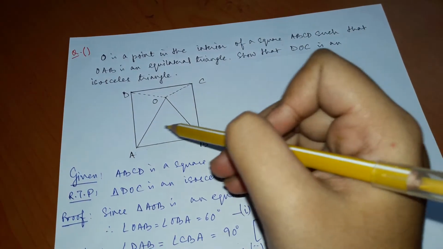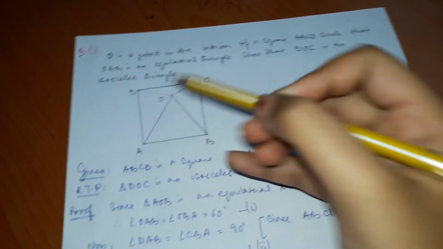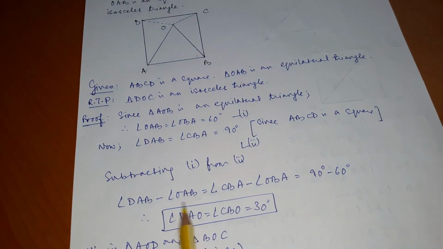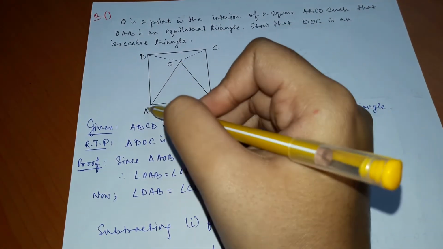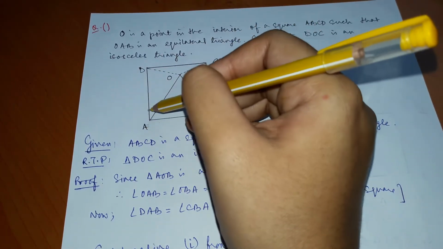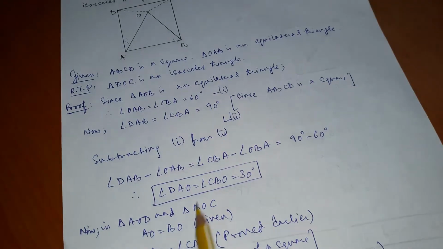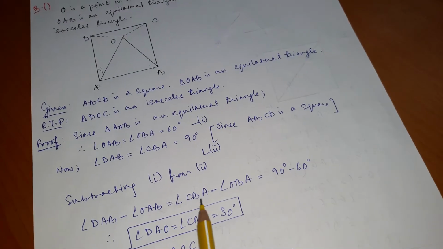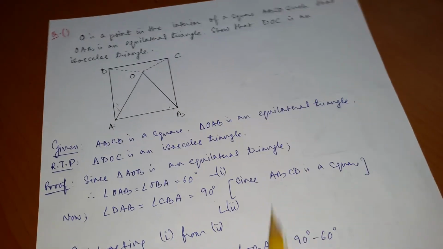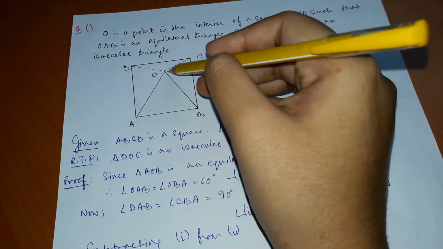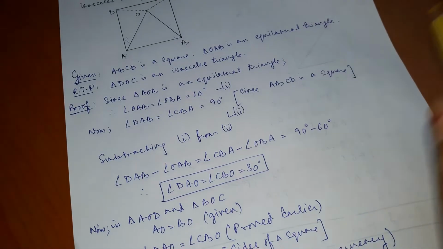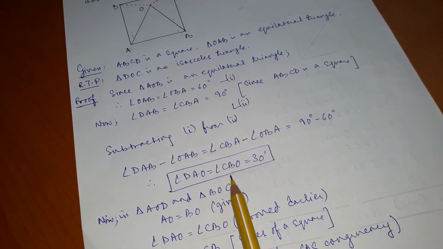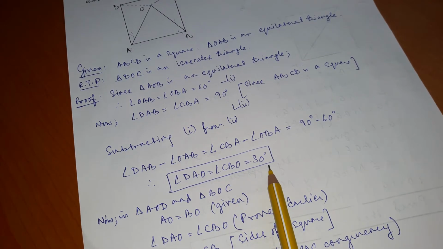Angle DAB minus angle OAB, we will be getting angle DAO. Similarly, angle CBA minus angle OBA, we will be getting angle CBO. So what we are getting is angle DAO equals angle CBO equals 30 degrees.